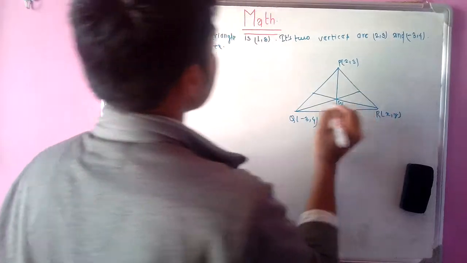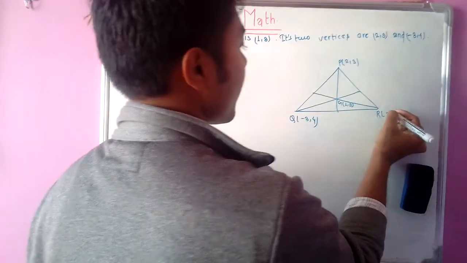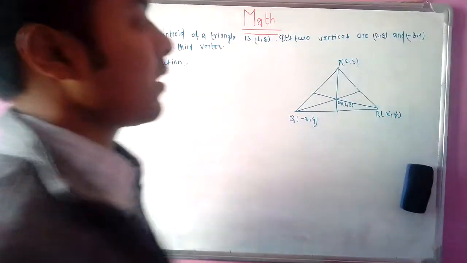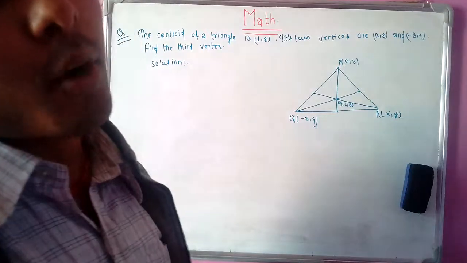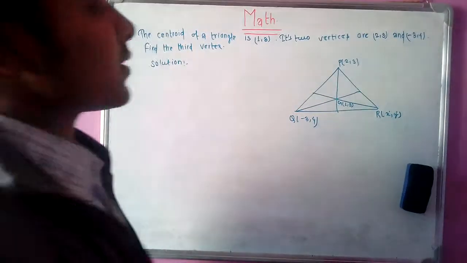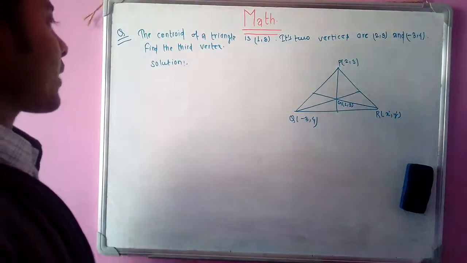Let G be the centroid, which is (1, 3), let it be (x', y'). We have the centroid of a triangle and two vertices of a triangle. Now we have to find the third vertex of the triangle. So look, how can we find it?